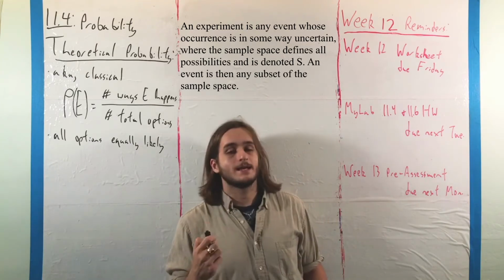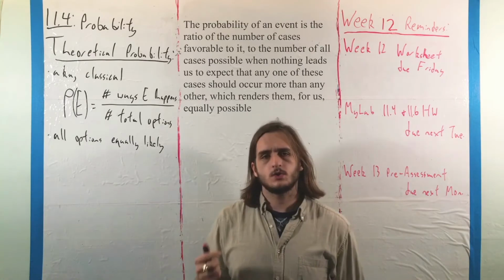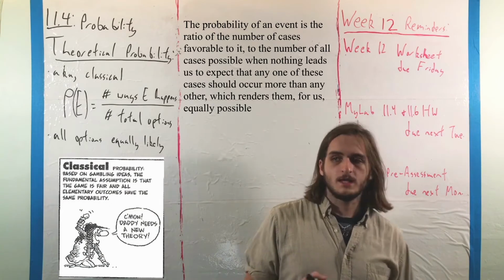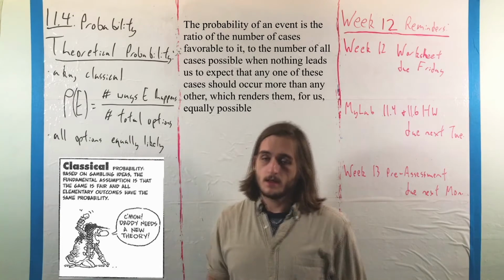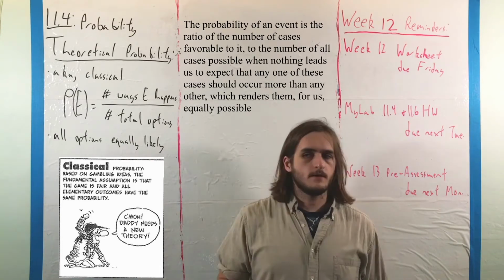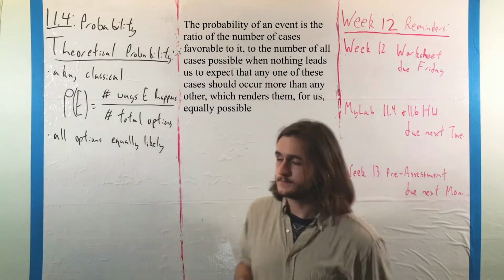So when we're talking about classical probability or theoretical probability, we assume that all of the events we're looking at are equally likely, that no one thing is more likely to happen than any other. This is sort of the probability that we would get if we assume everything works the way that it should.